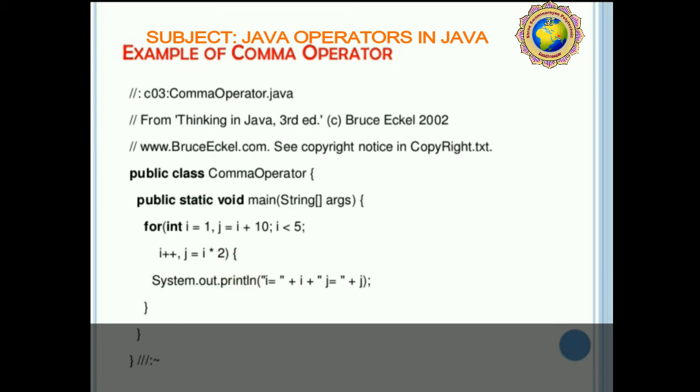So here we can separate two conditions with the comma operator, right? Integer i equal to 1 and j equal to i plus 10, i less than 5 and i plus plus and j equal to i into 2. So this is a simple example of the comma operator.